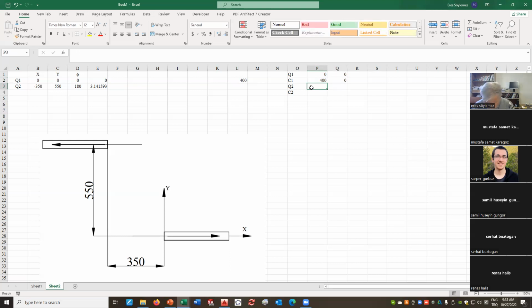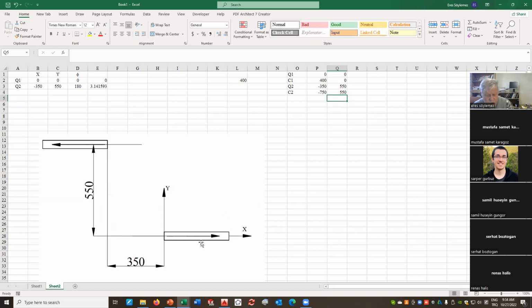Q2 is equal to, right? C2 is this value minus this value because it's rotated, flipped over. And Y is 550. Those are the two positions.